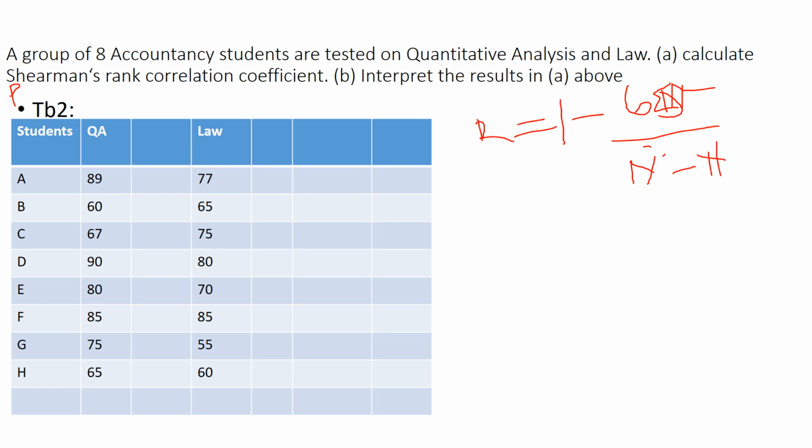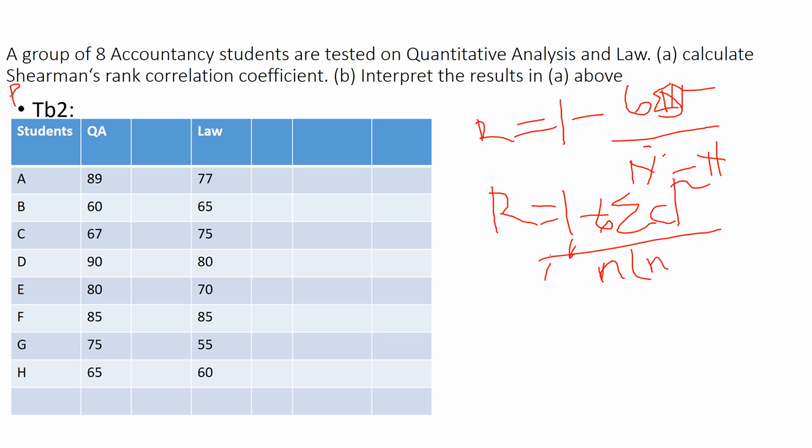And we can also factor out the n, so we have R equals 1 minus 6 times the summation of d squared, divided by n, and then we are left with n squared minus 1.